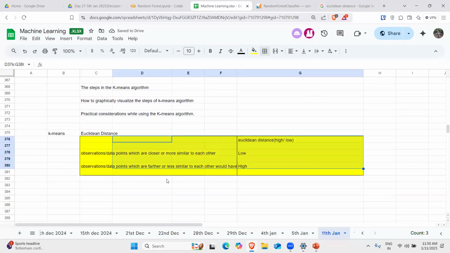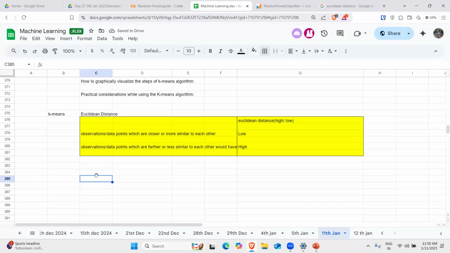Higher Euclidean distance. End of the K-means clustering algorithm, right? So once you have computed the Euclidean distance, step number one, you compute the Euclidean distance of the data points.